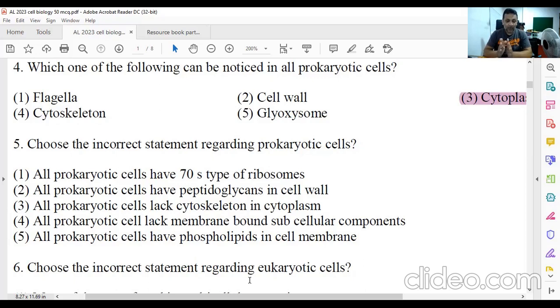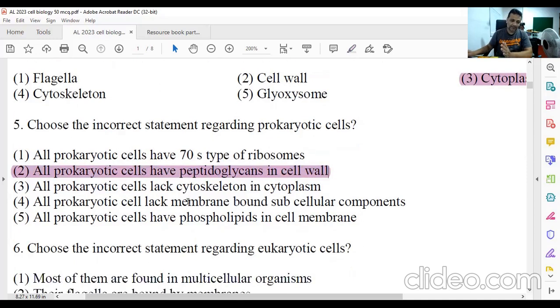Second statement: all prokaryotic cells have peptidoglycan in the cell wall. You children know that archaebacteria don't have peptidoglycan in the cell wall. Instead, they have proteins and polysaccharides. So the second statement is a wrong statement.